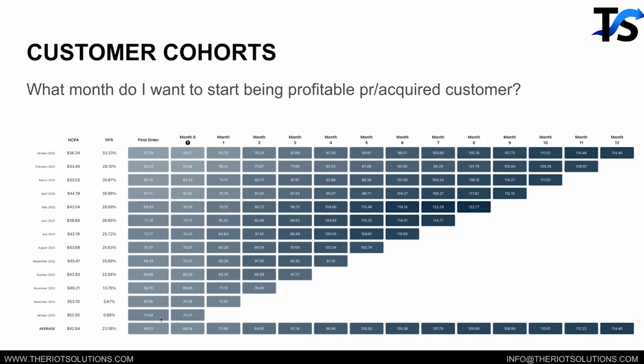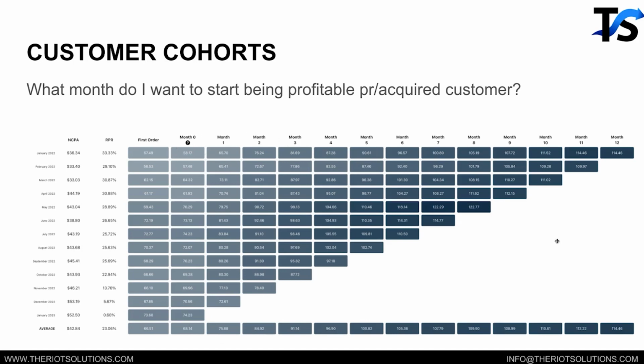Whereas for January 2023, it's still month 0, but look at the significant difference. In month 0 of January 2022, a customer's worth $58 to us. In January 2023, they're worth about $74.23.